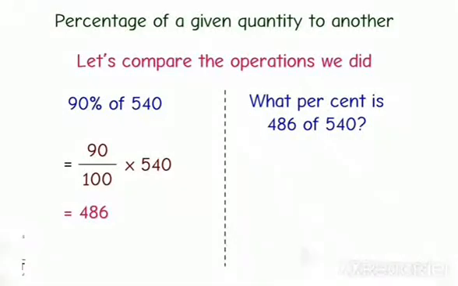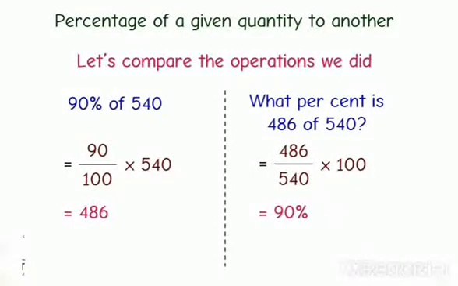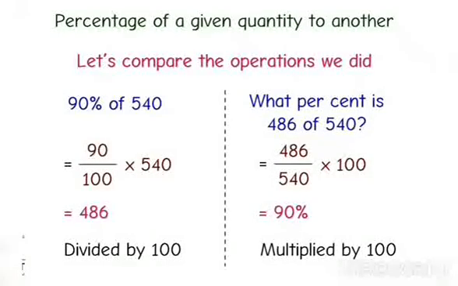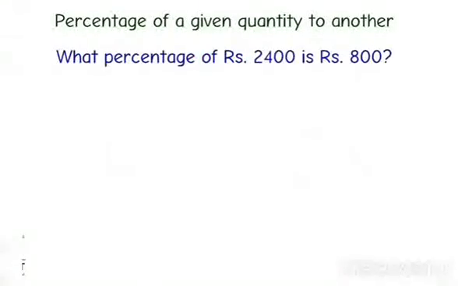What is the difference? Just look on the screen. 90 upon 100 into 540 gives 486, whereas 486 upon 540 into 100 is equal to 90%. So the difference is that in one case you will divide, in the other case you will multiply.